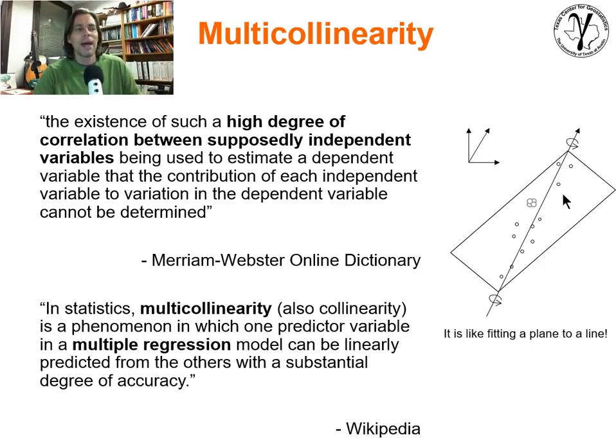And so that means that when we're trying to fit a model, like fitting a plane to predict the third axis, it becomes very unstable if we have things that are multicollinear. The variables are not really providing independent information to understand the behavior. In statistics, we could describe multicollinearity as basically being a case where one of the predictor variables could be described as a linear combination of the other predictor variables.